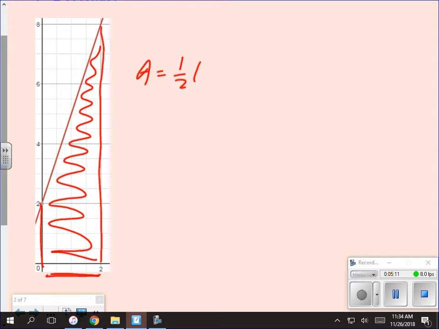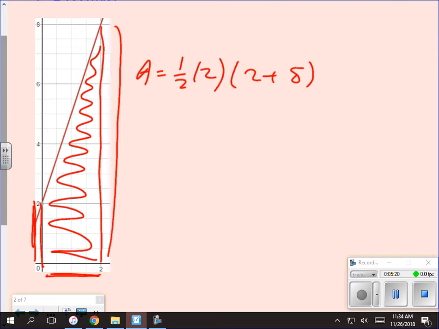So it's 1/2 times 2 times this length plus that length, 2 plus 8. Which gives me 10. It started at 0, it's now at 10. It did not move at a constant speed to get there. It started out slow and got faster and faster as time went on. So all we need to do is figure out the area. Right. Okay.